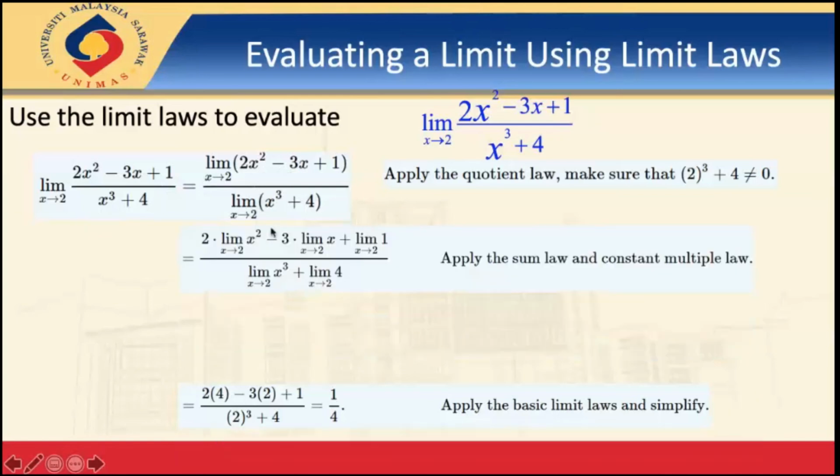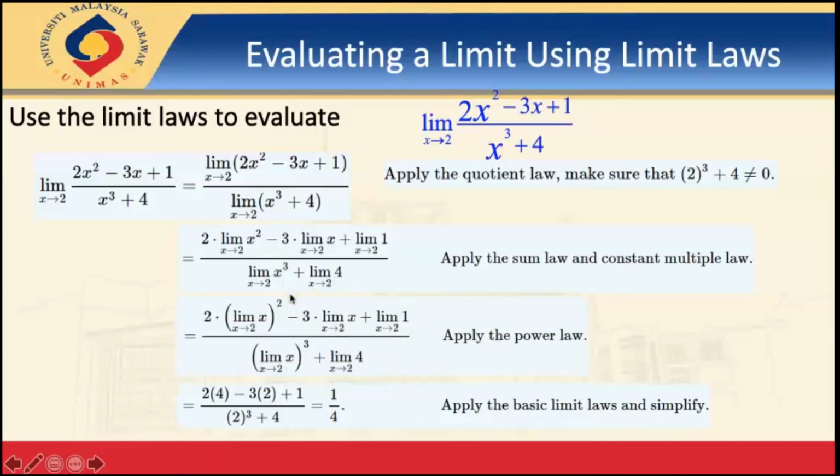And then take the constants out, like 2 and 3, and the limit of x squared, and limit of x, and then limit of 1 separately, plus limit of 4. So in the denominator is the sum law. So this will be equal to the limit of x squared, limit of x, and limit of 1, divided by the limit of x cubed and limit of 4.